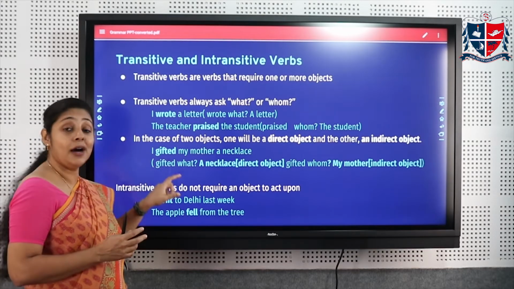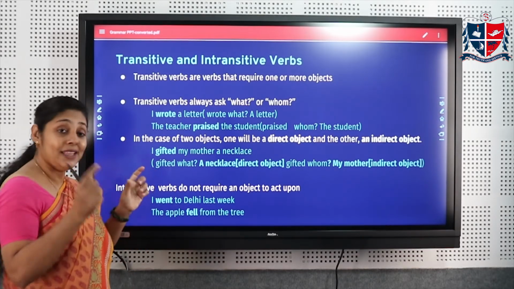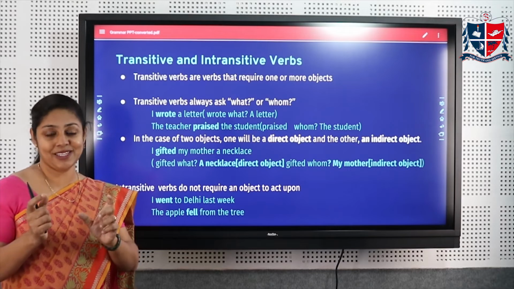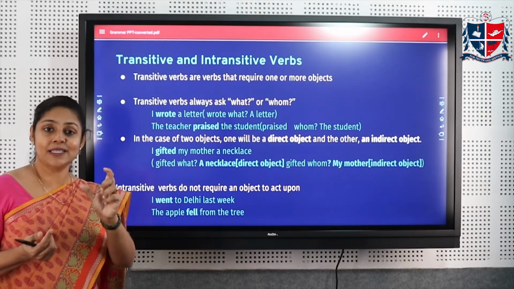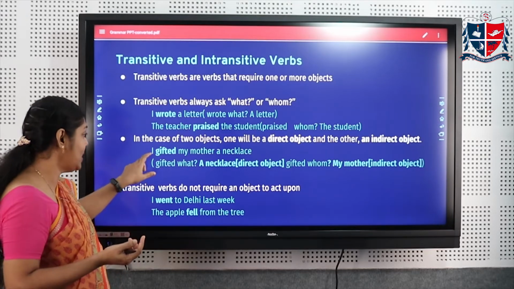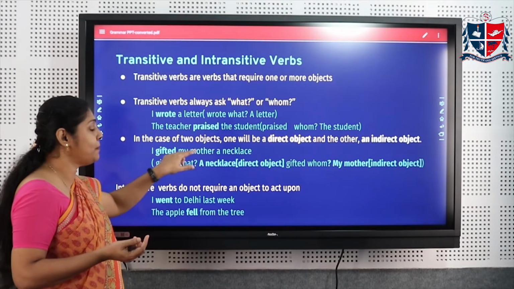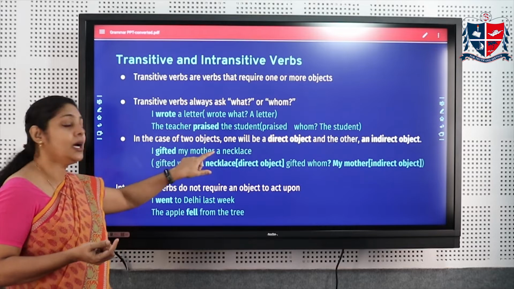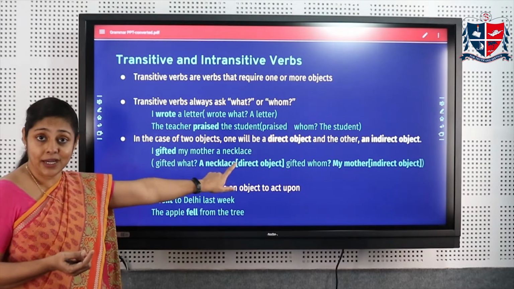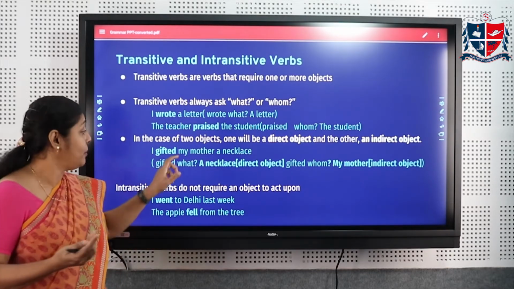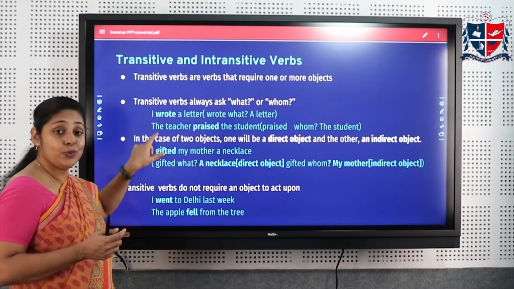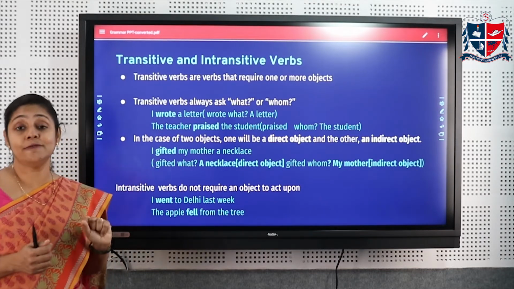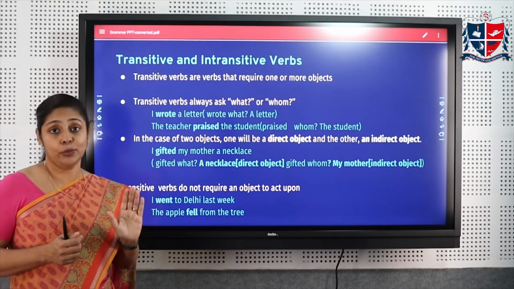If you get an answer to the question what, that answer is the direct object. And if you get an answer to the question whom, that answer is the indirect object. So, in this sentence, I gifted my mother a necklace. I gifted what? A necklace. So, a necklace is the direct object. I gifted whom? My mother. So, my mother is the indirect object. So, we see these verbs are transitive verbs because they have an object, right?